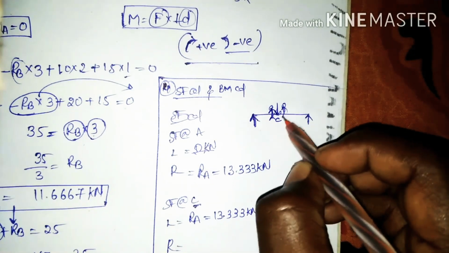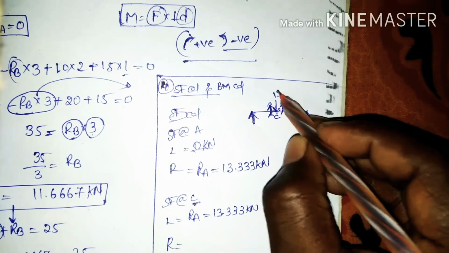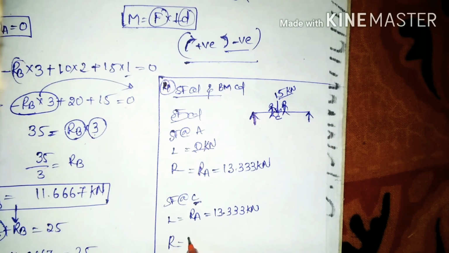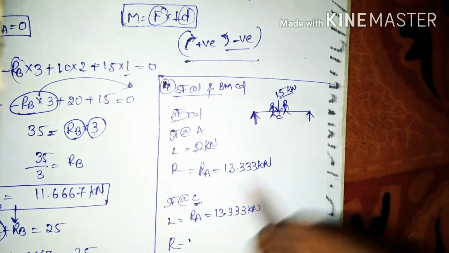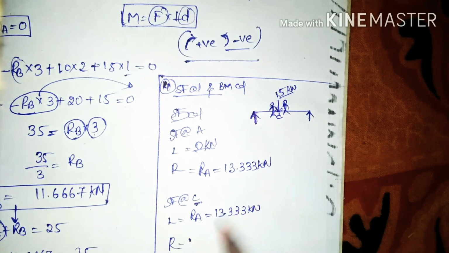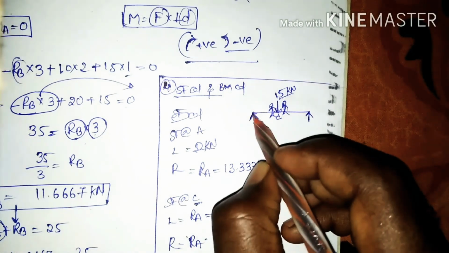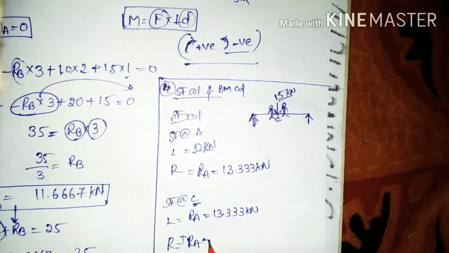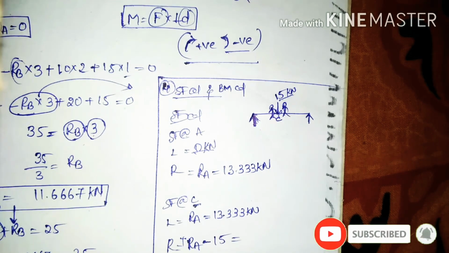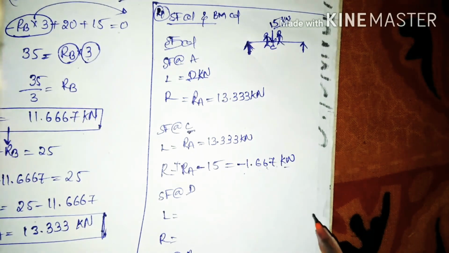For the right of C, I find a downward force of magnitude 15 kilonewtons. Looking left side up to C right, I have RA in the upward direction, so positive, and downward should be negative, minus 15. That is going to be the value minus 1.667 kilonewtons.